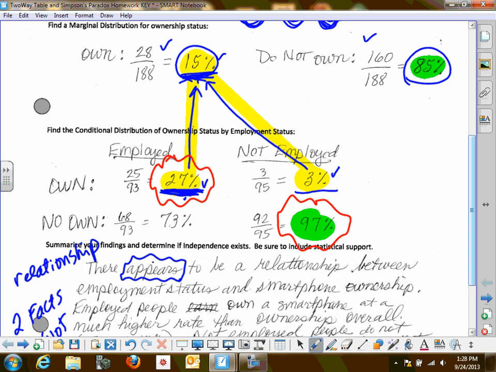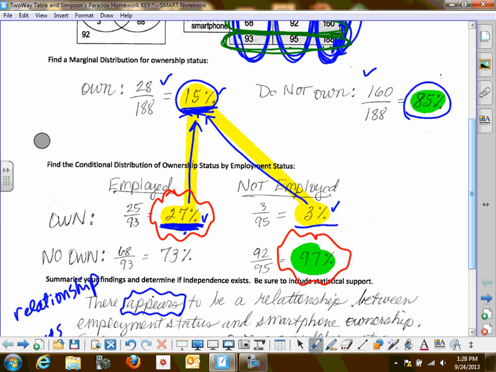Okay? Alright, so next. Wait, so the 27, you say more often the employed own a smartphone than ownership overall.